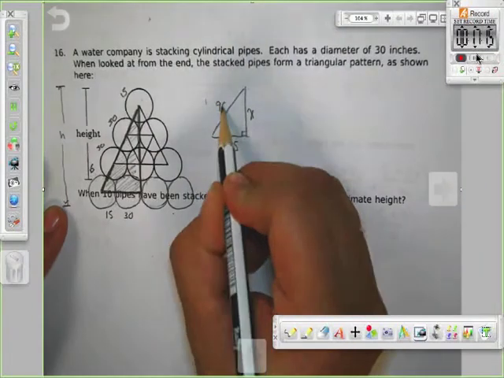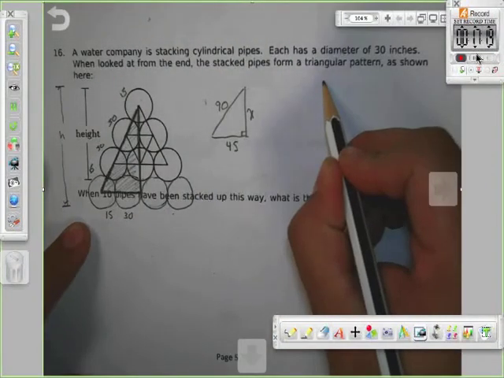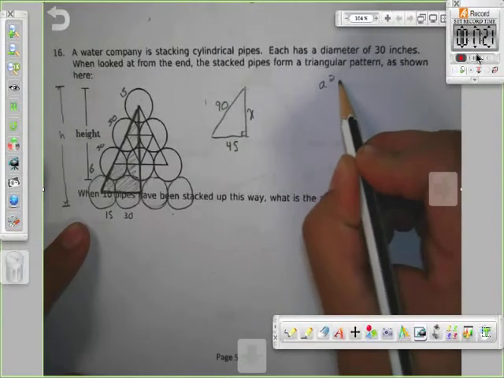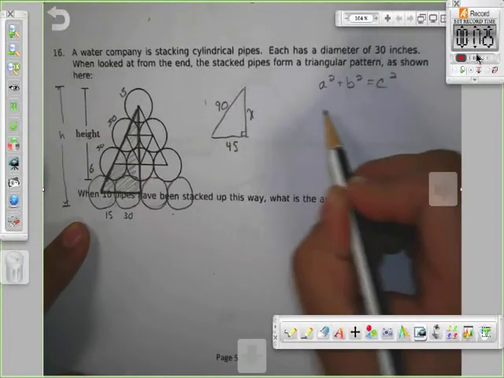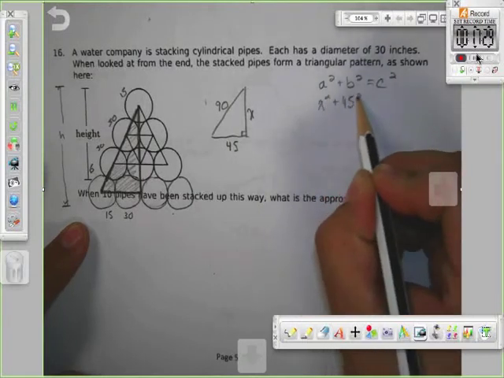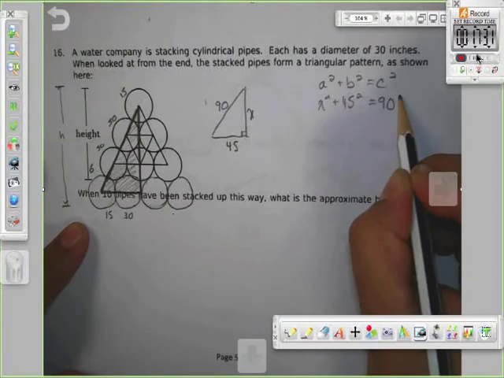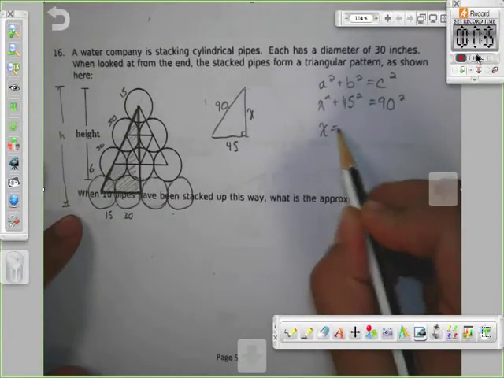Now I need to find the hypotenuse length. Here to here is 15. This is 30. Here to here is 30 and 15. So this is going to give me 90 units. I'm going to do the Pythagorean theorem, which is a squared plus b squared equals c squared.